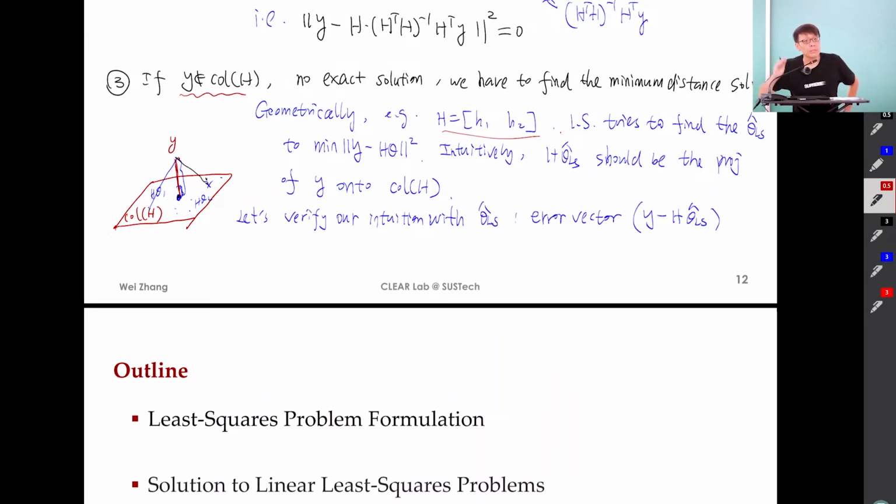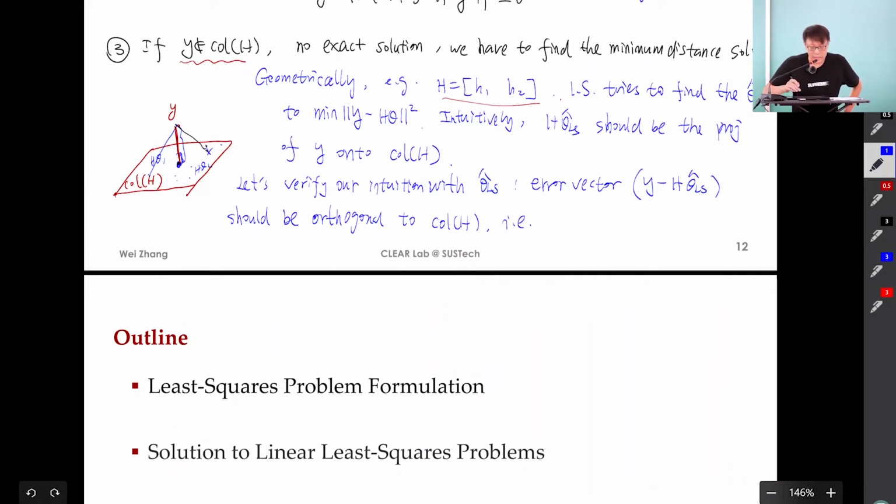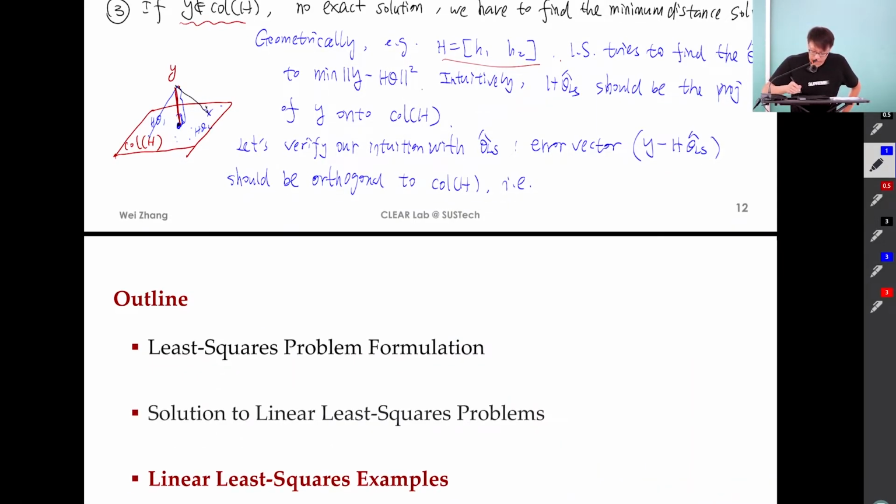Error vector should be perpendicular, should be orthogonal to the column space of H. That means mathematically, y minus H theta hat least square, that particular theta, has to be orthogonal, so the inner product with any point on the plane has to be 0.